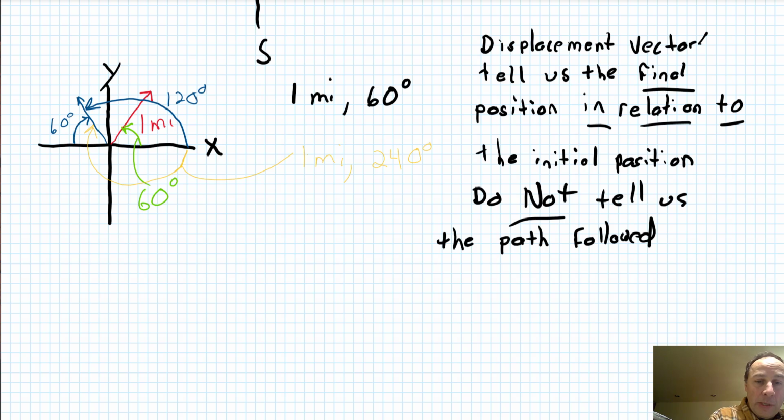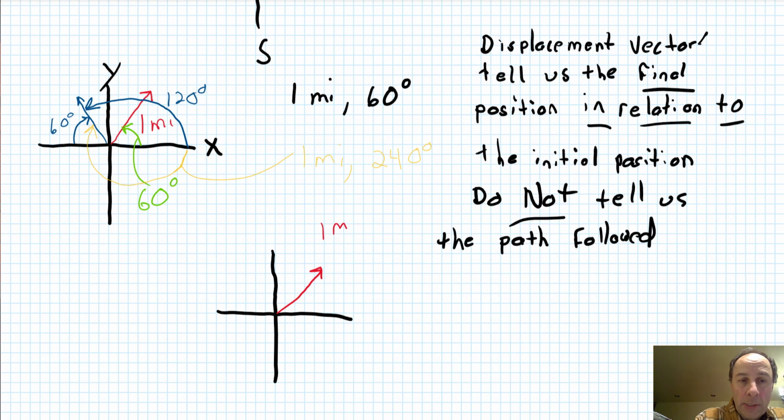So if we sketch that same vector again, that displacement vector, change in place, going from here to here, that was 1 mile at 60 degrees. And in blue, I'm going to put the actual path.